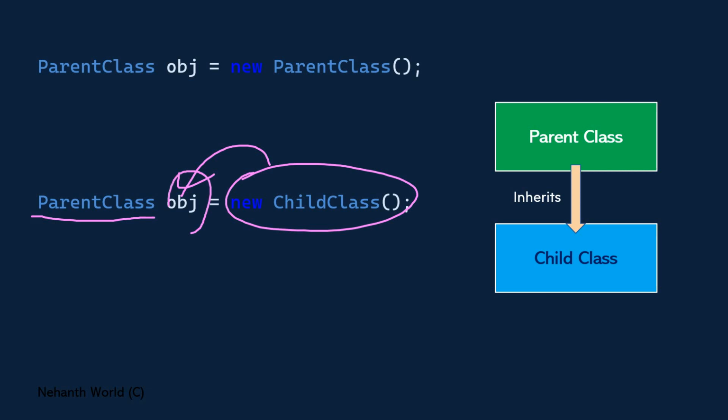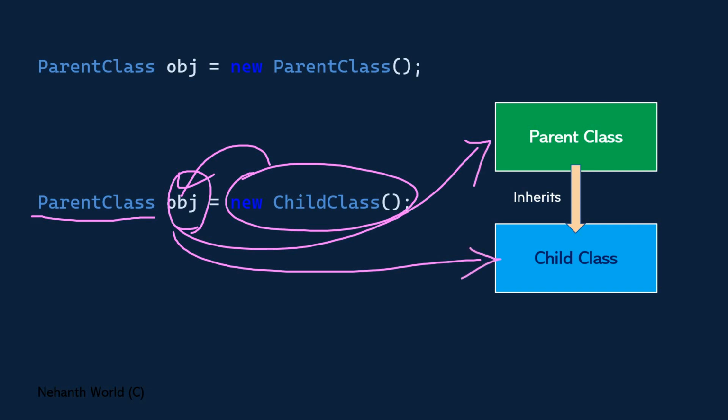Using this reference, can we access both parent and child class members? No. We can access the parent class members, yes, but we cannot access the child class members even if we are storing the child class instance inside the parent class reference. That's rule number 3.